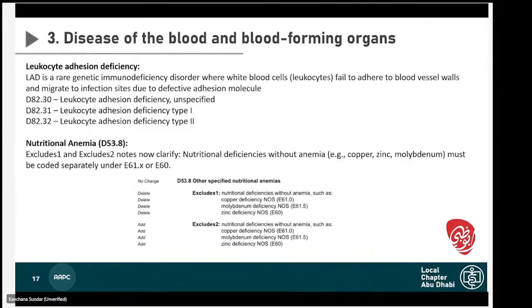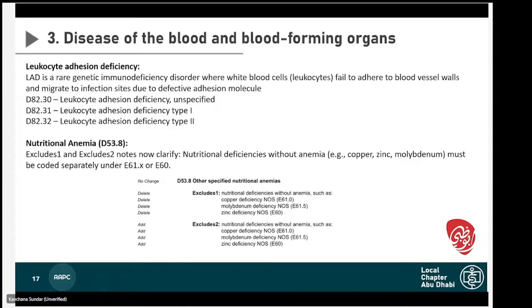And the new category included in blood and blood forming organs is leukocyte adhesion deficiency. This is a rare genetic immunodeficiency, where the white blood cells fail to adhere to the blood vessel walls and migrate to infectious sites due to defective adhesion molecules. As a genetic immunodeficiency condition, it has type 1, type 2, and we have to be looking out for this diagnosis.